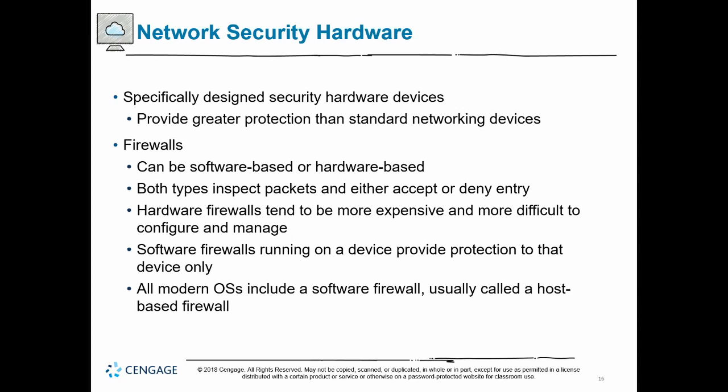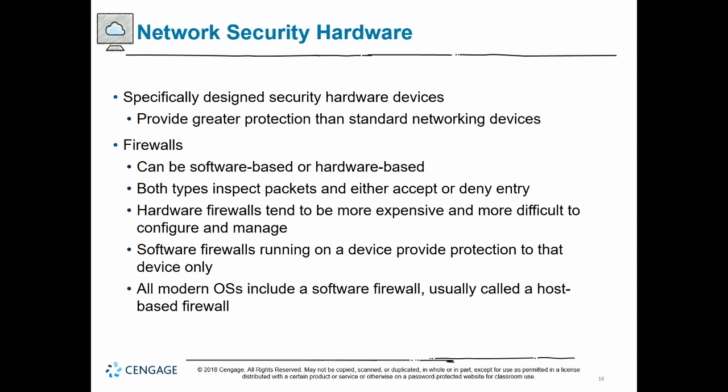So firewalls can be software based or hardware based. Both types inspect packets and accept or deny entry. Hardware firewalls tend to be more expensive and more difficult to manage and configure. Software firewalls running on your device only protect you from your device.